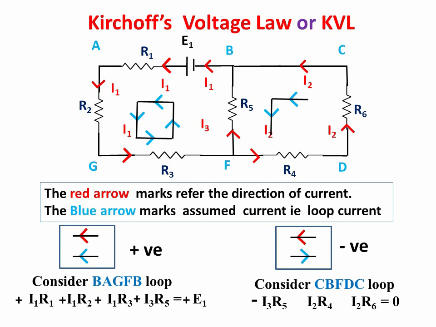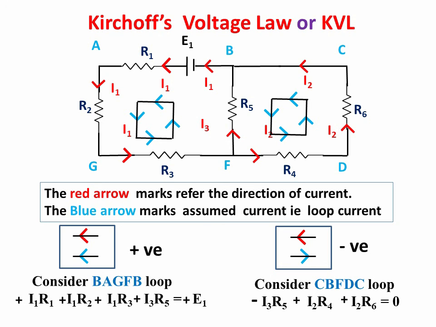Then you just think about that. What about the next branch, F to D? For F to D, blue color refers the direction, and what about the current which is passing through R4? The same direction, so you have to put plus. Again for the branch DC, it's upward, blue mark, current I2 is also moving upward, both are in the same direction, so you have to put plus, which is equal to the EMF in that circuit.